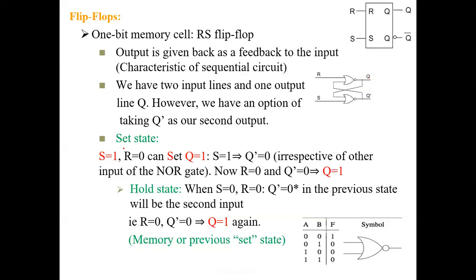Sometimes you can latch 1, sometimes you can latch 0 there. So let's start with set. Set state means you want to latch 1, right? Set means latch 1 at Q. So Q is your output.